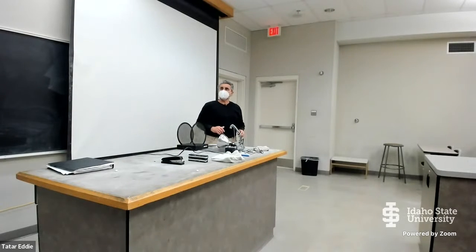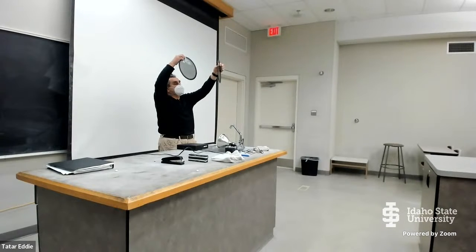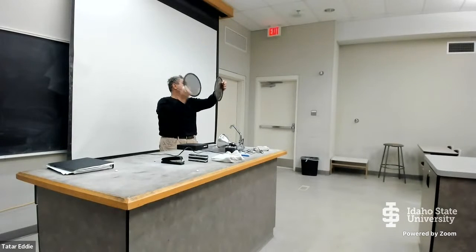Okay, so now let's use a light source. Oh, we're out of time. But next time, we're going to polarize the light with one polarizer. And after that, a second polarizer is going to analyze this polarized light.